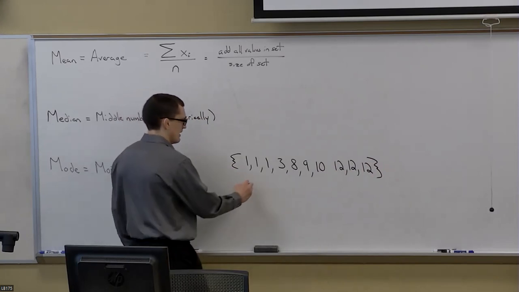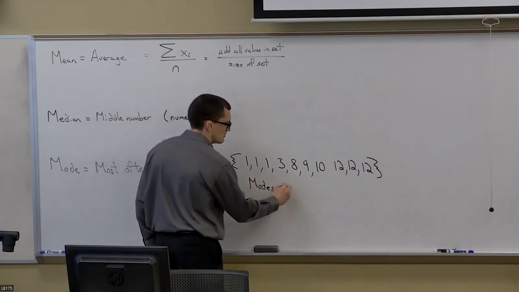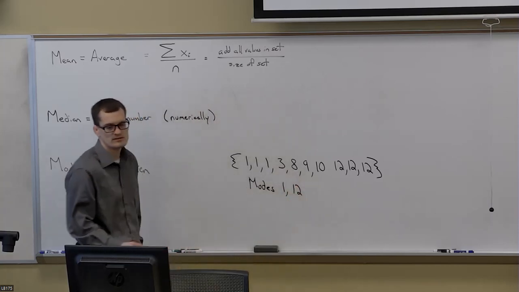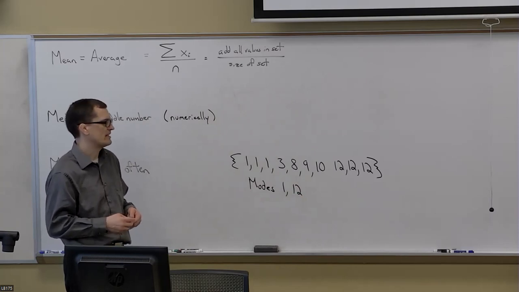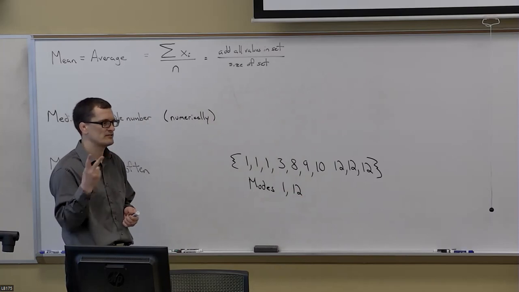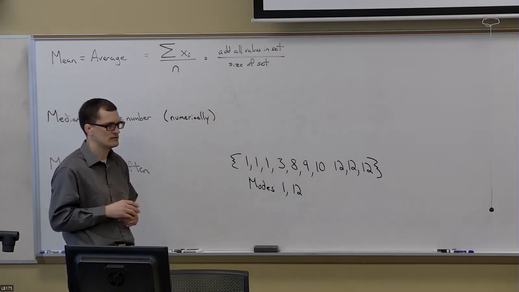And so if that were the case, we'd have 2 modes, a 1 and a 12. All right. The fancy word for that is that our set is bimodal. Bi means 2, prefix 2, so 2 modes.